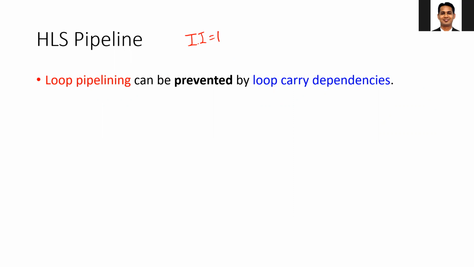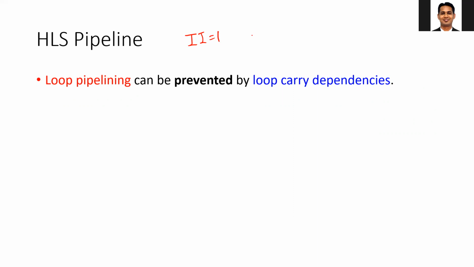However, if the current iteration of the loop has a dependency on the previous iteration, then you cannot initiate the current iteration unless the corresponding dependency is resolved in the previous iteration. And this leads to an initiation interval greater than 1. For example, as we discussed in the previous video, we had the multiplication operation in loop 3, and the output of the multiplication needs to be added into the result of the previous iteration.